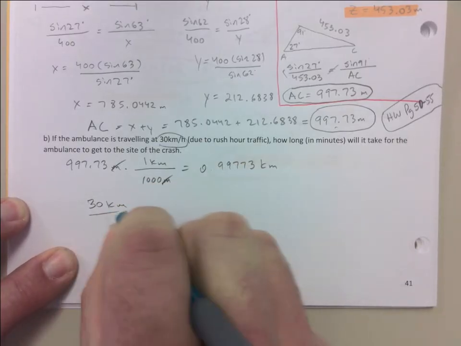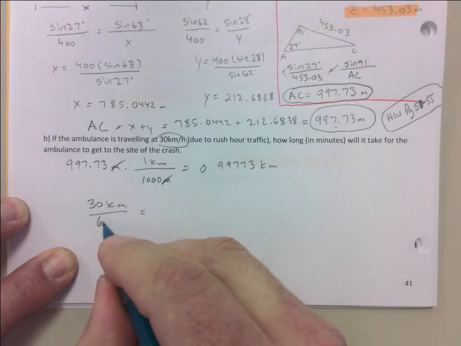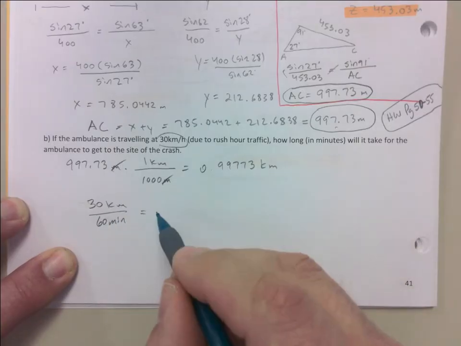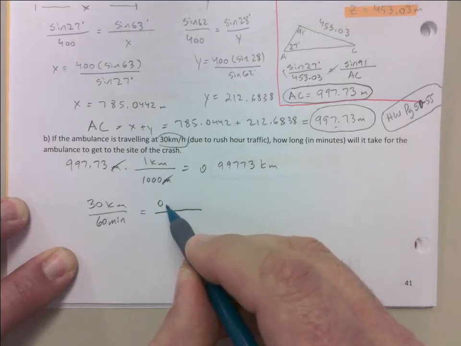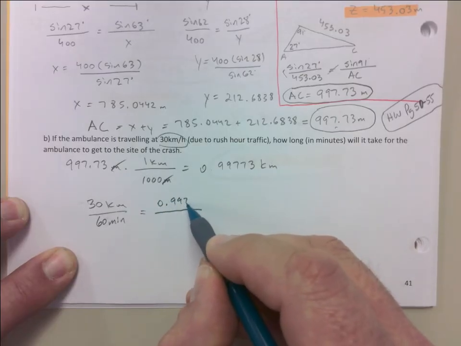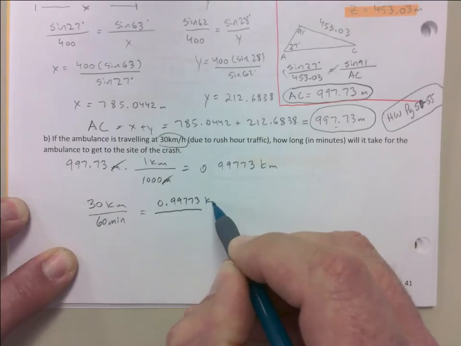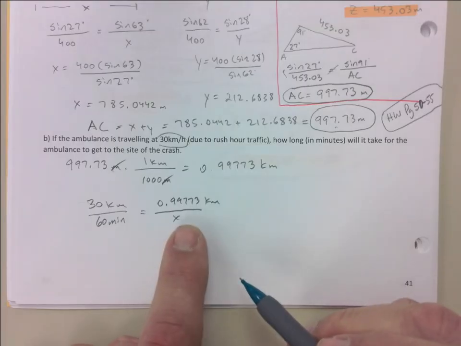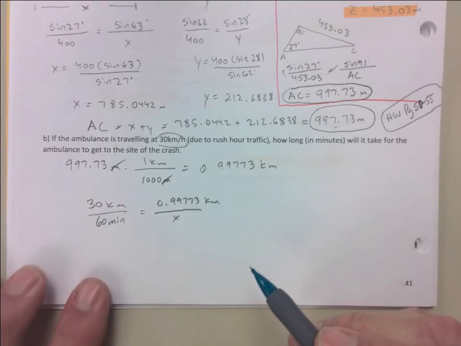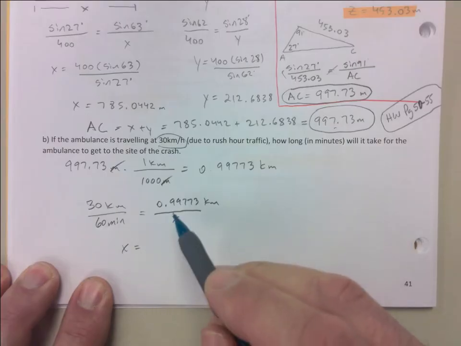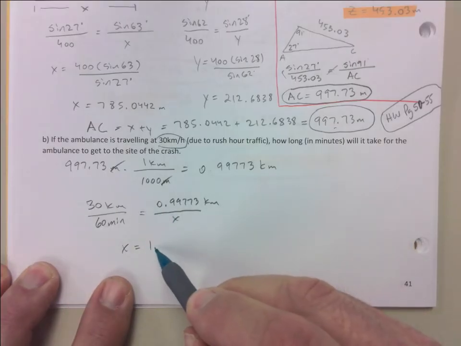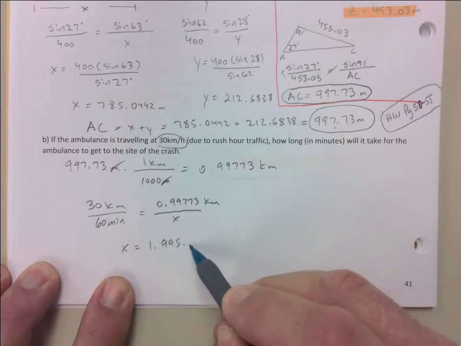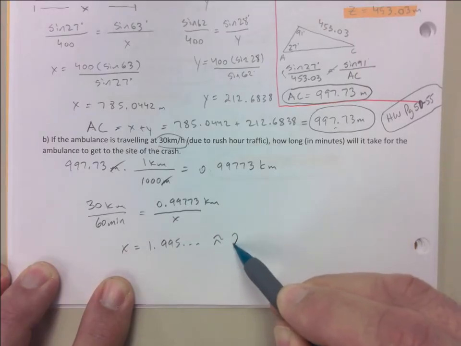So instead of 1 hour, what would I put down there? 60 minutes. Then, how long will it take in minutes to travel not even a kilometer? So if you cross multiply and divide, you get 1.995 something, which is approximately 2 minutes.